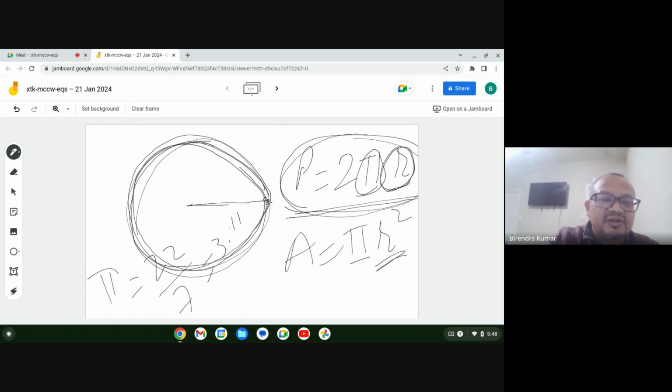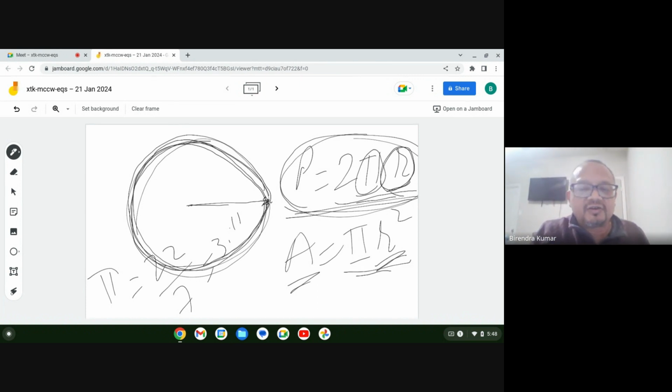If you walk along the boundary from here and come back to the starting point, that is the perimeter. Its value is 2 pi r and area equals pi r square. These are the things you have to remember, and we will do some sums on this. Just put the value for r to find out the area or the perimeter.